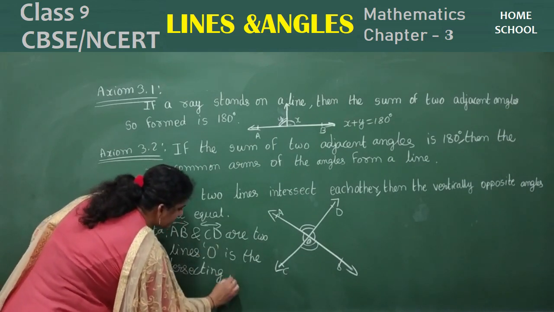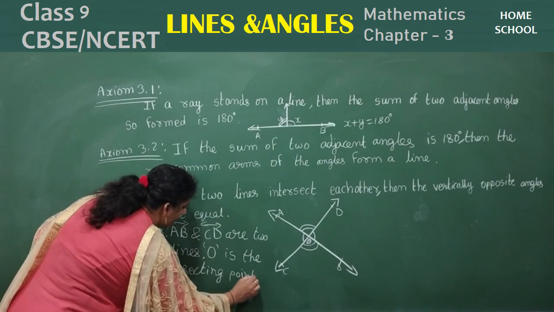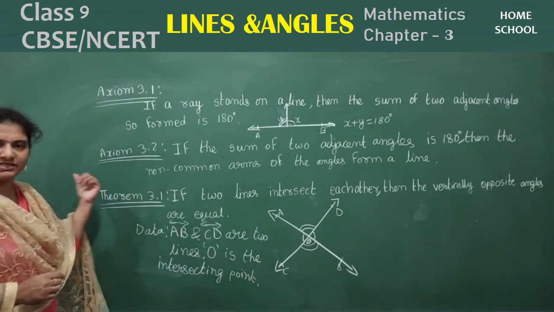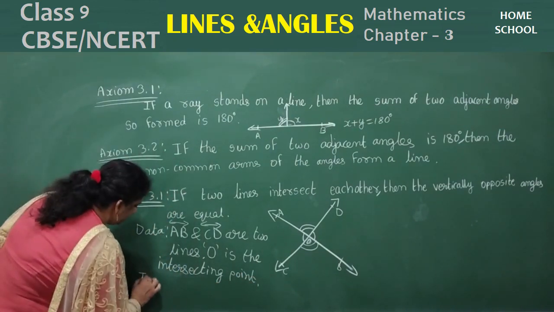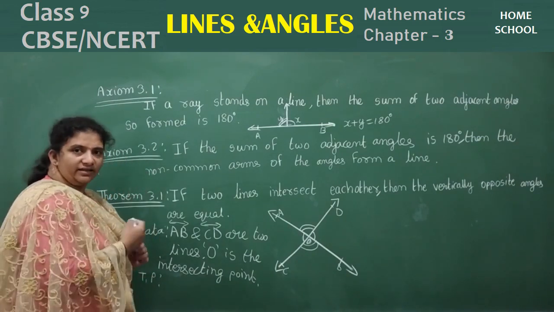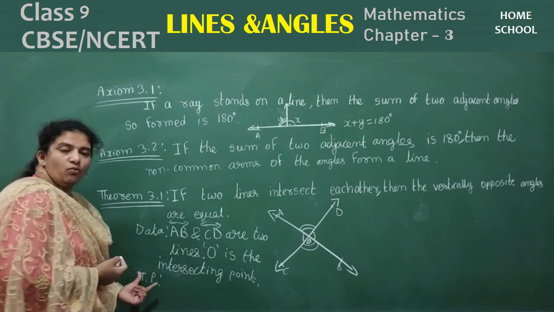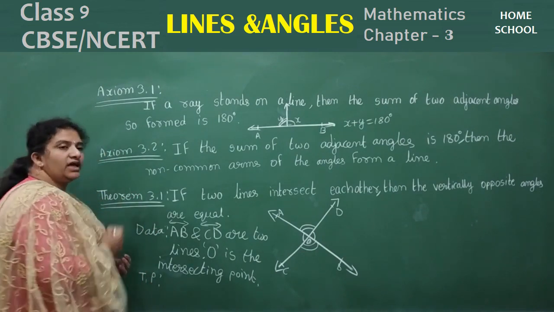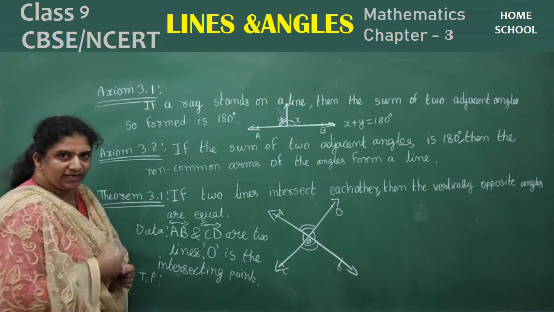That is, O is the intersecting point, I have written in the data. Next, what do you need to do? To prove. Construction, if anything is done, you can write it there in the construction part. Now, what do I need to prove? I need to prove that the vertically opposite angles are equal.